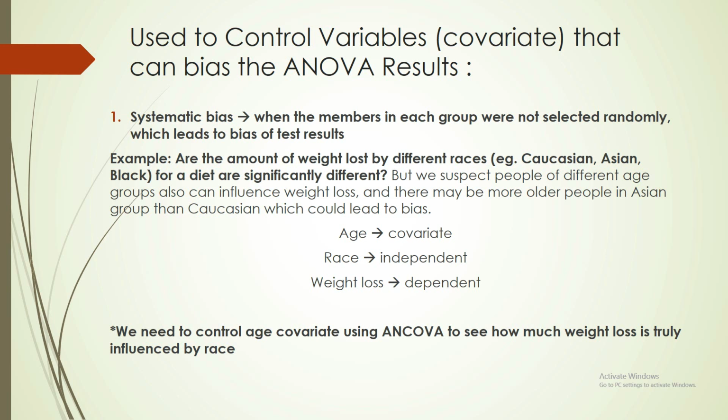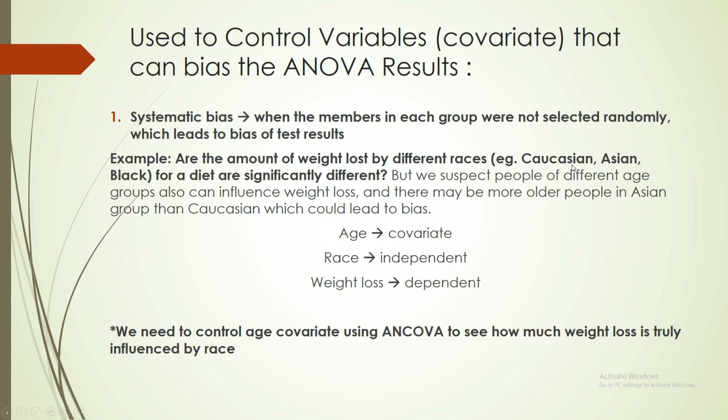And age is a variable that could influence the amount of weight loss, because there are times that young people can lose weight much easier than people who are older. And we have a situation where there are more older people in the Asian group compared to the Caucasian group.